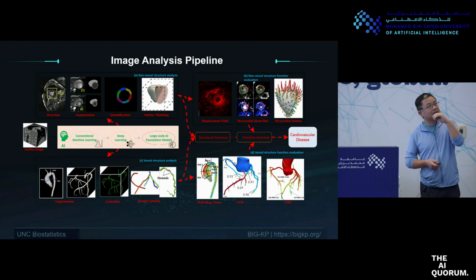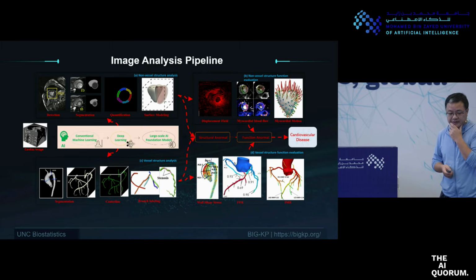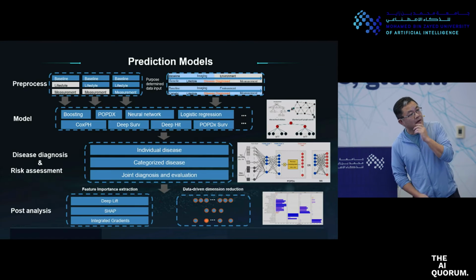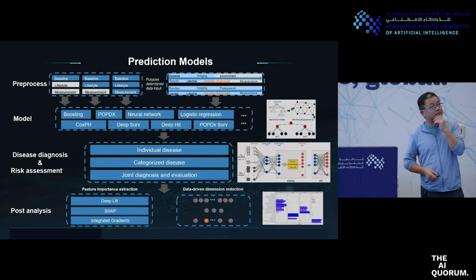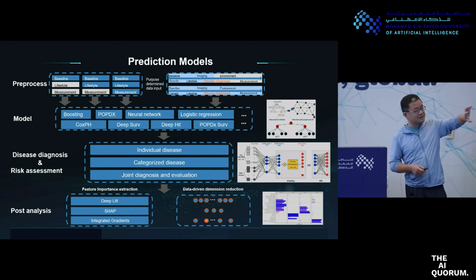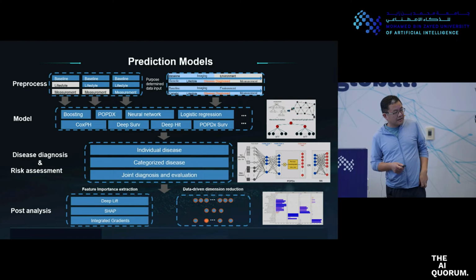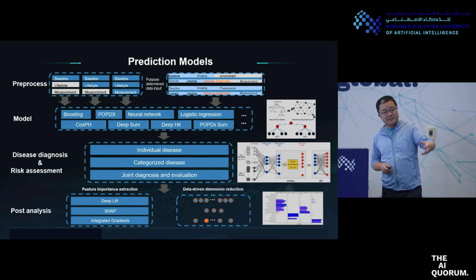This is one of the imaging analysis pipelines we developed, for cardiac images, okay? These are the concrete models in the pre-processing pipelines, the modeling strategies we used, the disease diagnosis and risk assessment, and also post-analysis for the whole pipelines.